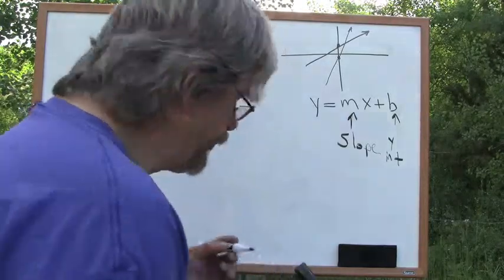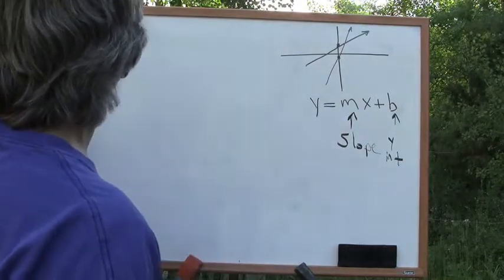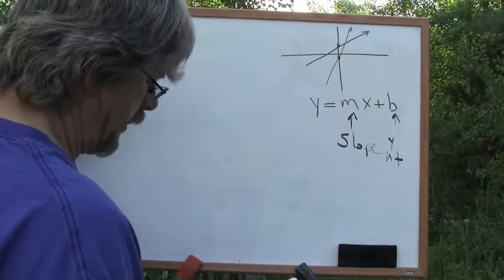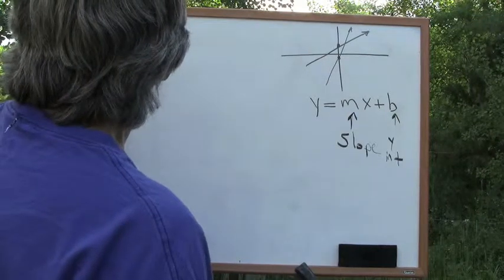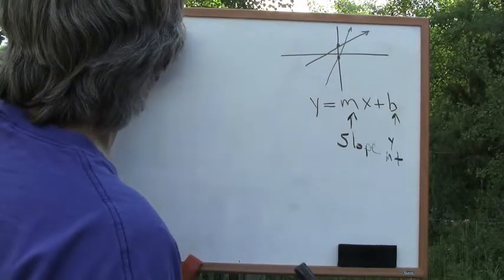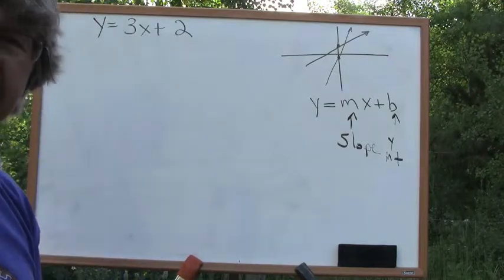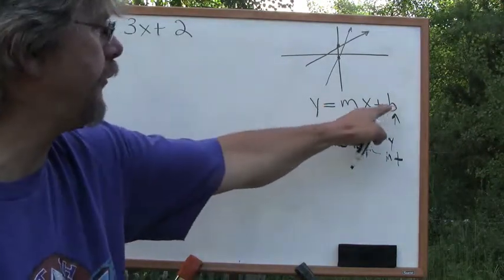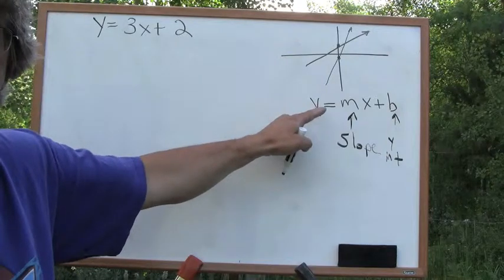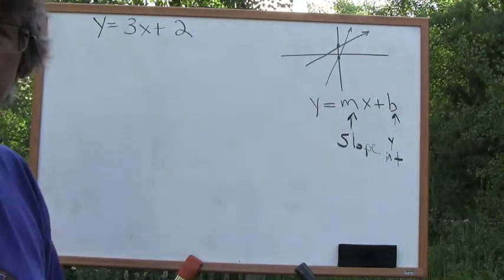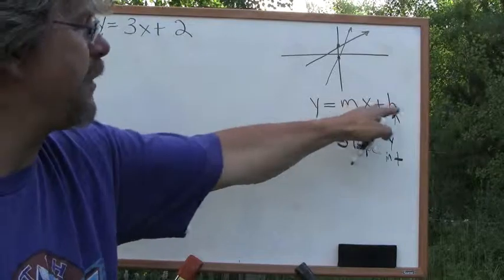So, when you have an equation, y equals 3x plus 2, you can see that this is this form of equation. And in order to solve a lot of linear equations, we want to get them into this form.